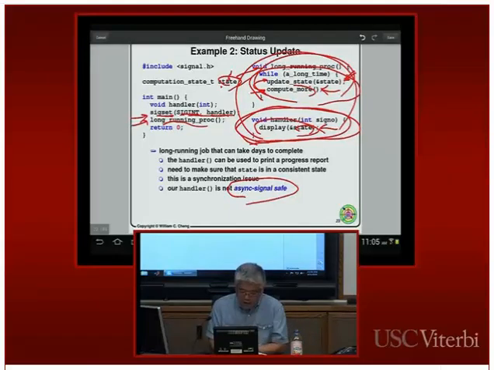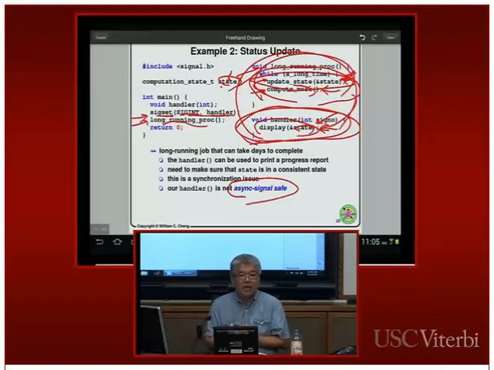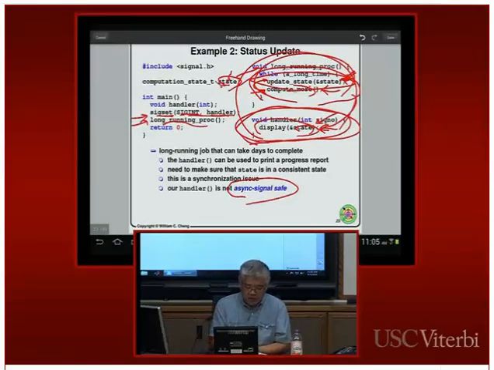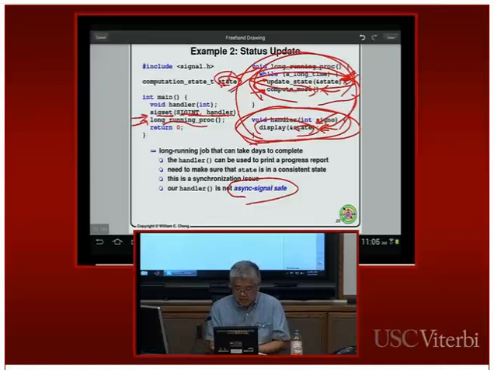So it is possible you're in the middle of updating the state, and at this point, if the user presses Control-C, you deviate from your normal execution, go execute the handler, and you might end up looking at corrupted data. What if this state points to a linked list? You're updating the linked list, and you press Control-C, and over here, you're going to end up with a segmentation fault.